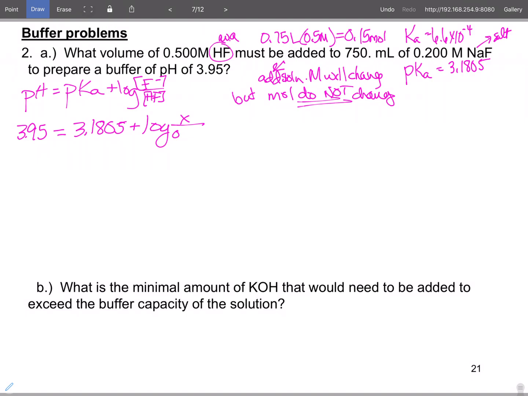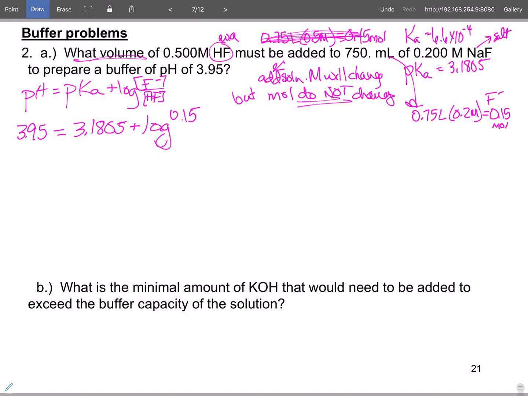Oh, wait a minute. That was wrong. Because we're not given that, we're looking for this volume. So what we're given is this amount here, which is 0.75 liters times 0.2 molar, which is 0.15 moles of the F minus. So our F minus is the 0.15.